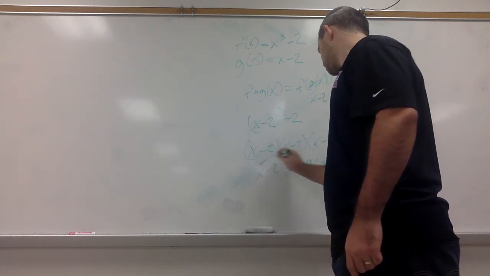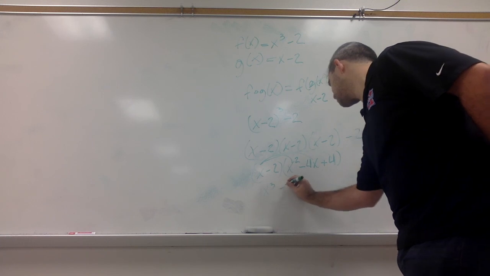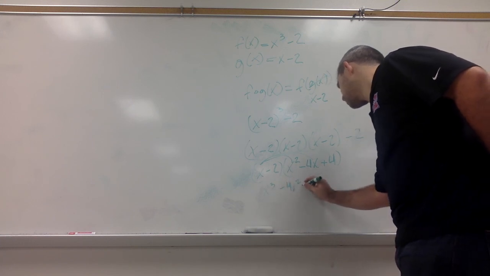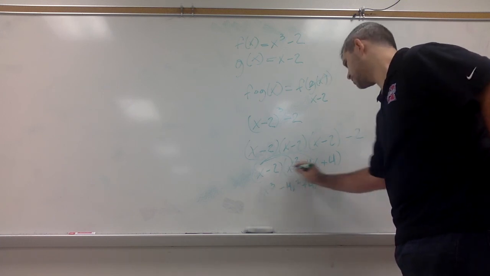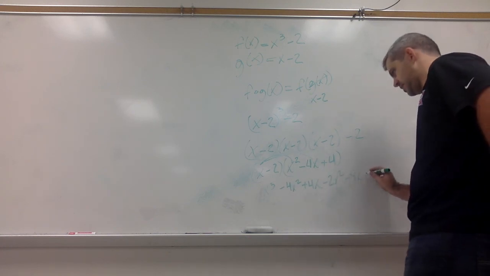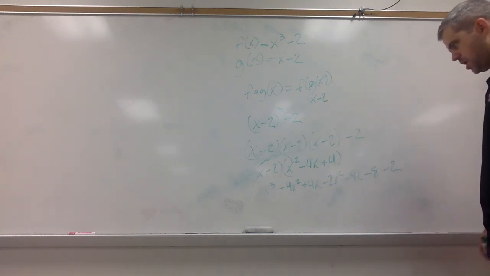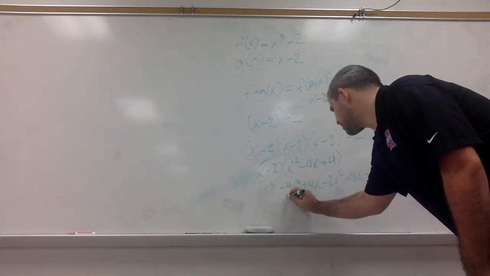Now we're going to distribute. x cubed minus 4x squared plus 4x minus 2x squared minus 8x minus 8. And don't forget your minus 2. Now we just combine like terms. x to the third.